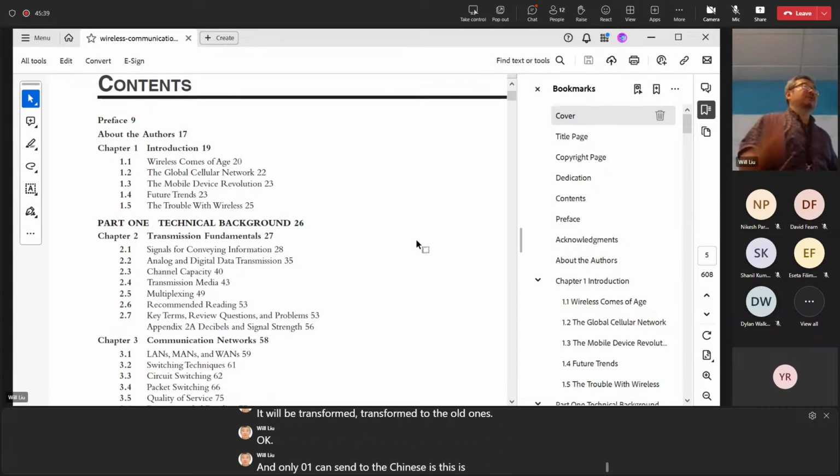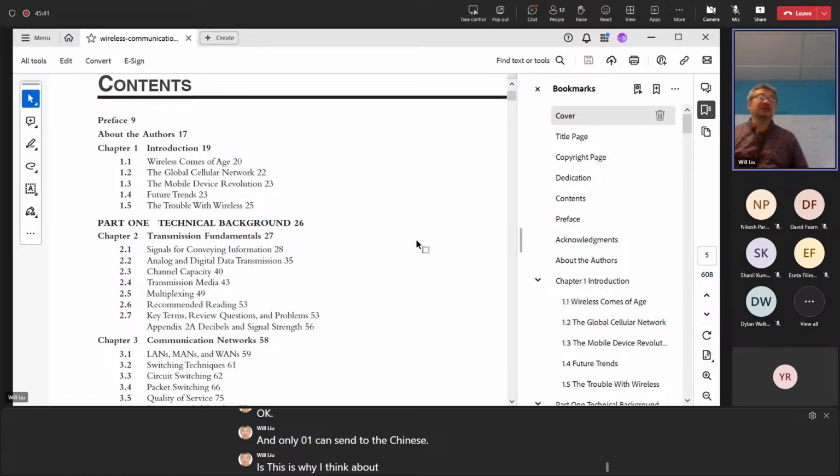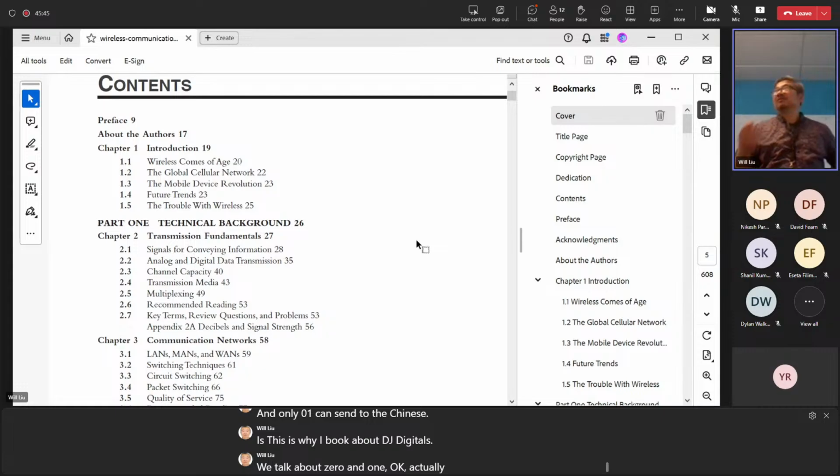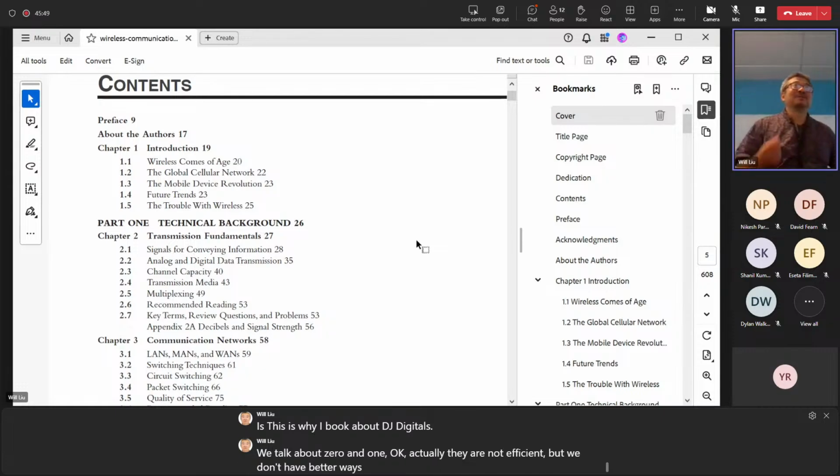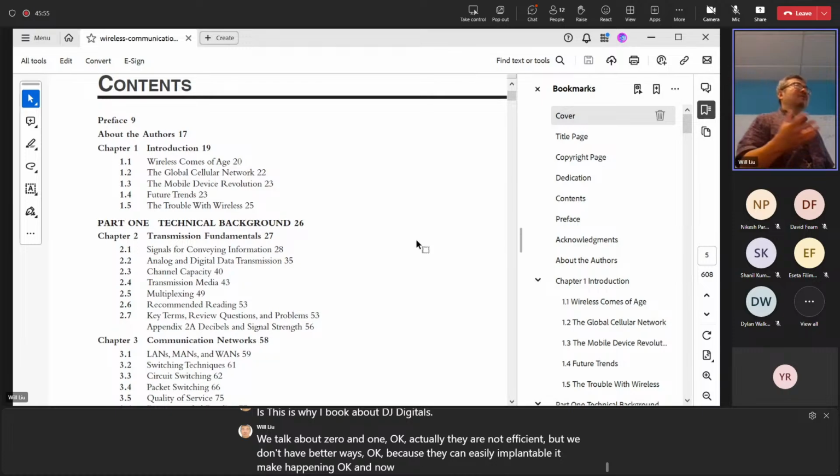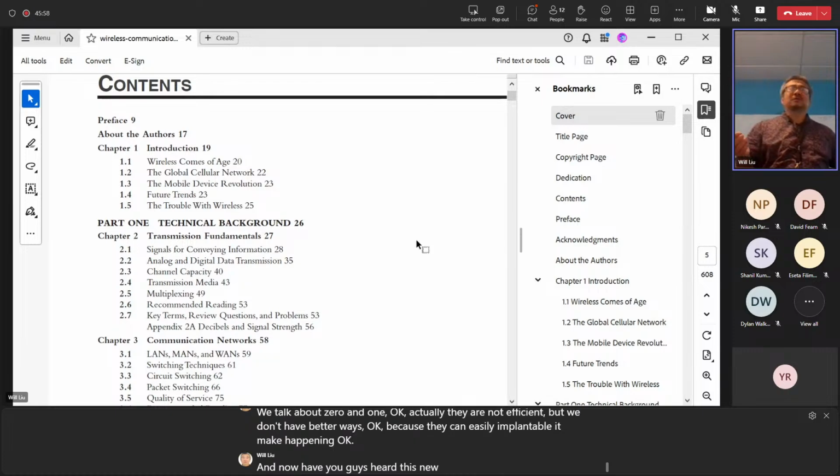This is why we talk about digital, we talk about 0 and 1. Actually they are not efficient, but we don't have better ways, because they are easily implementable. Now, have you guys heard of this new technology called quantum computing?